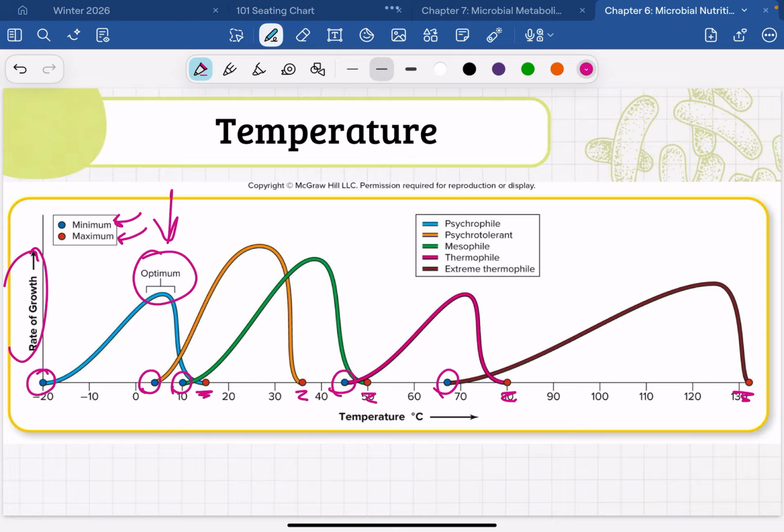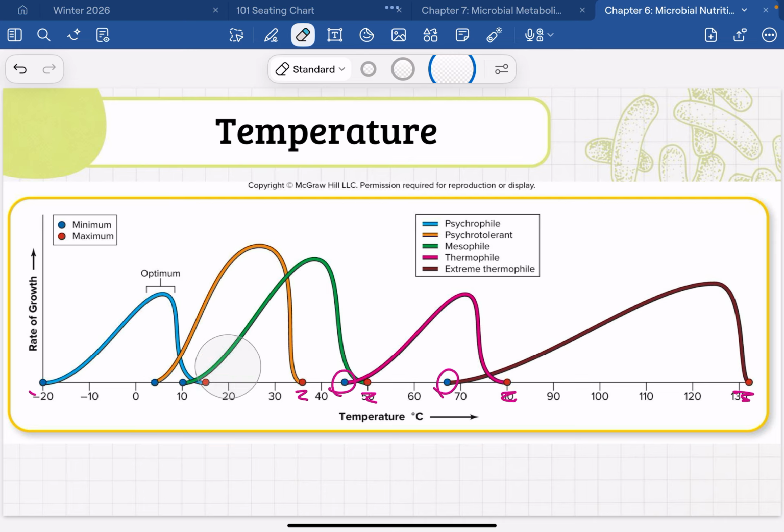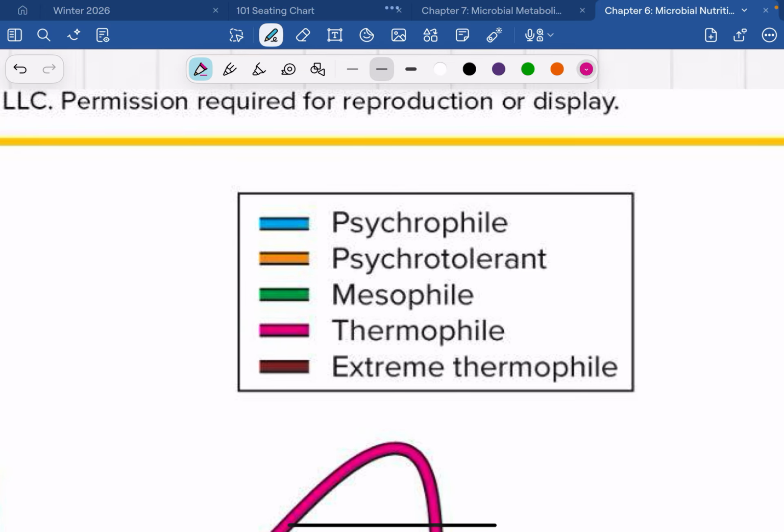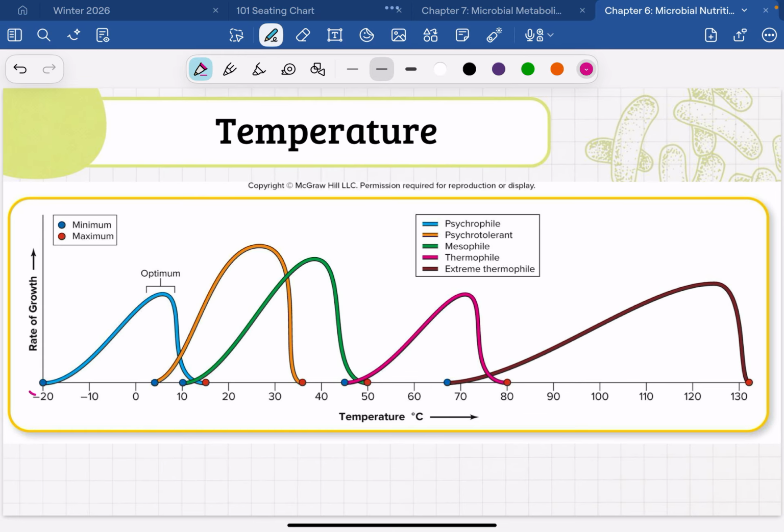So when we look at these categories, we're going to start at the bottom. So the first one is a psychrophile. And there's the word right there, a psychrophile. And psychrophiles tend to grow at relatively cold temperatures. Their optimum temperature is right at about 4 to 5 degrees Celsius, we'll say.